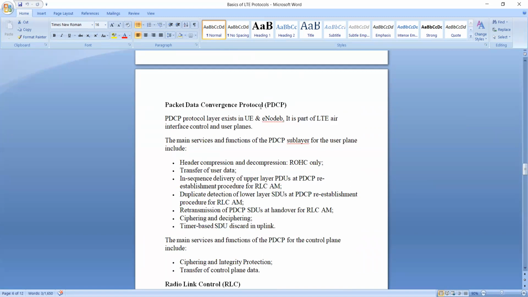So its main responsibility is header compression and decompression, ROHC.